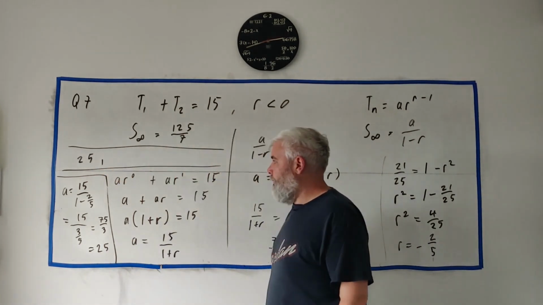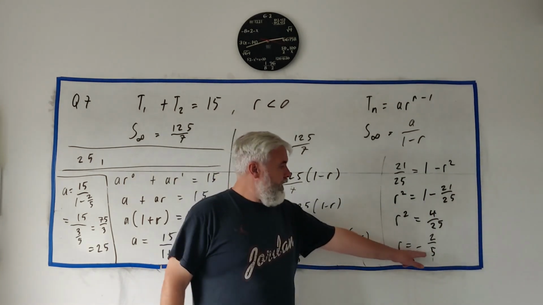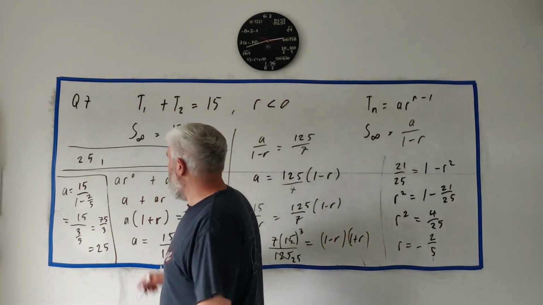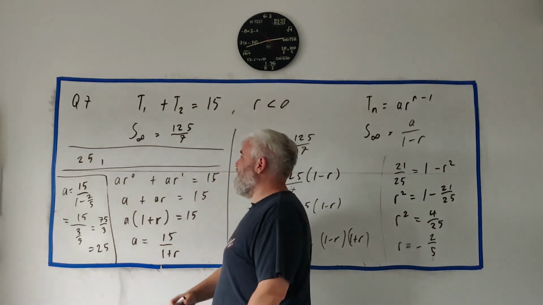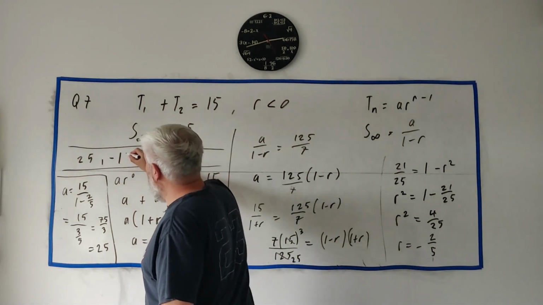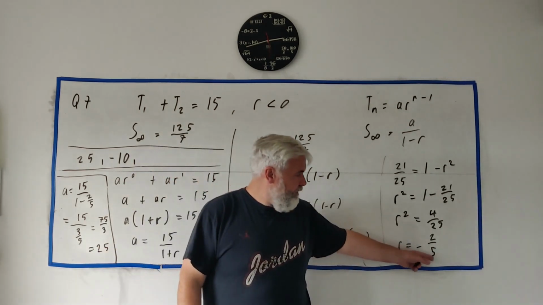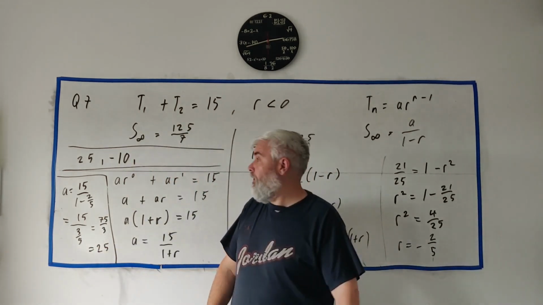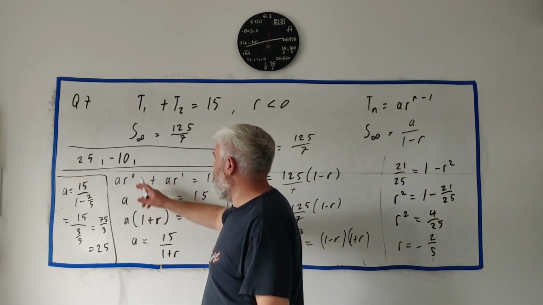The second term is 25 multiplied by minus 2 over 5. So 25 divided by 5 is 5, multiplied by 2 is 10, multiplied by minus, minus 10. Put it on a calculator, 25 times minus 2 over 5. Double check on a calculator if you're not that good at it.